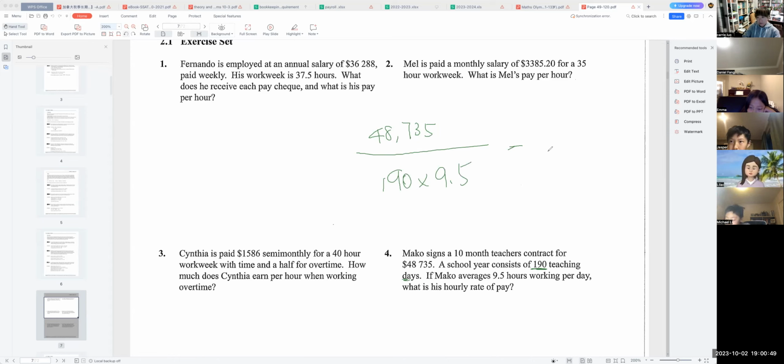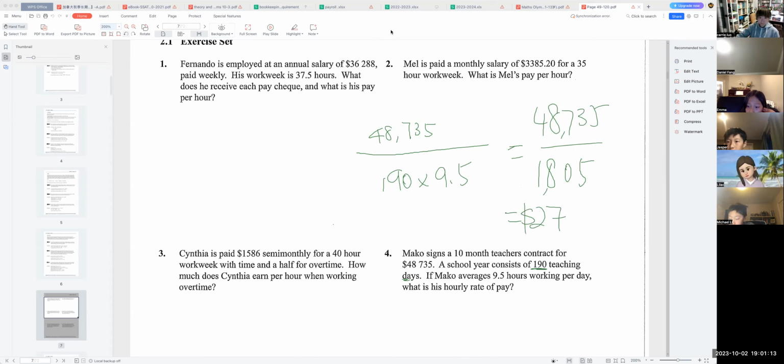So actually altogether, this teacher is working 1,805 hours. So using this one divided by that, 48,735 divided by 1,805 equals $27. So the teacher is getting paid $27.